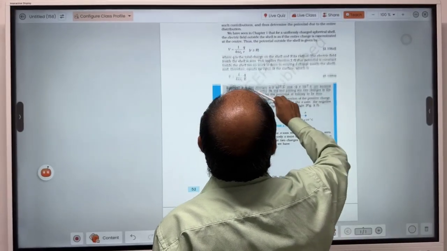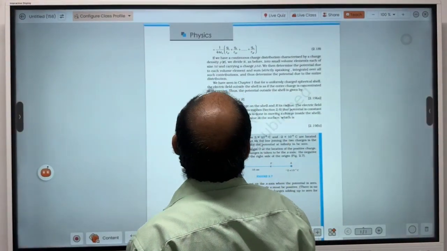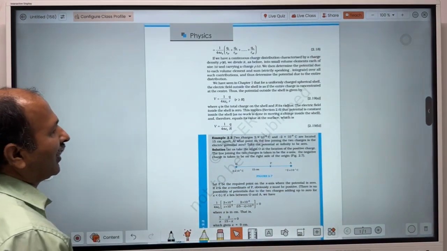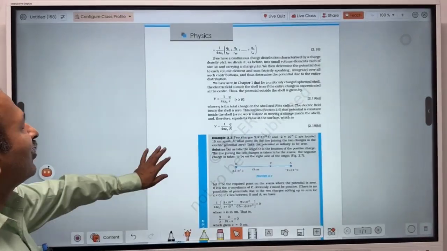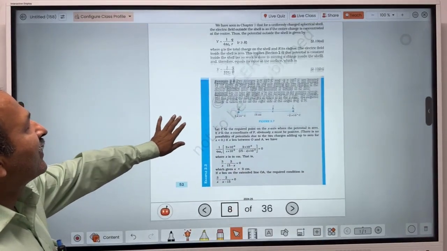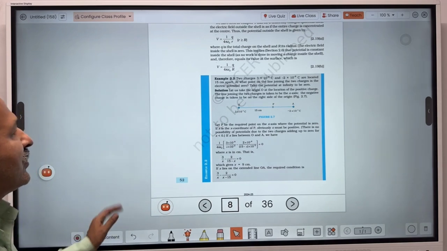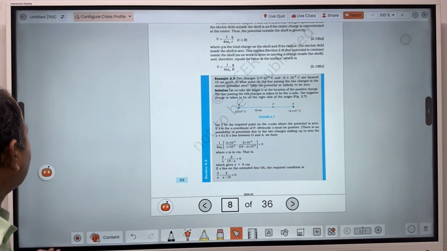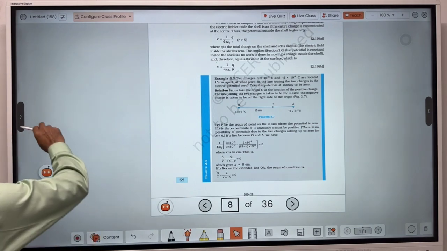So you have understood the concept of potential and the basic formula for potential due to a point charge. Now, on the basis of this concept, we are going to solve one question.